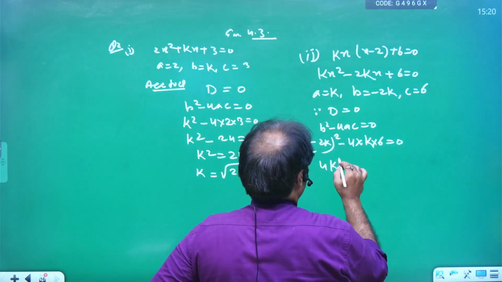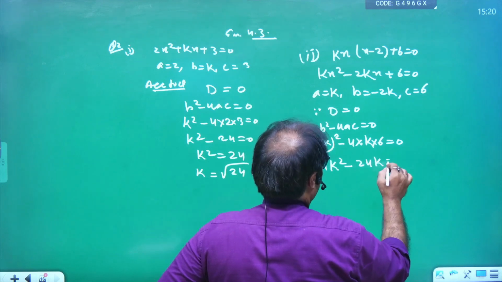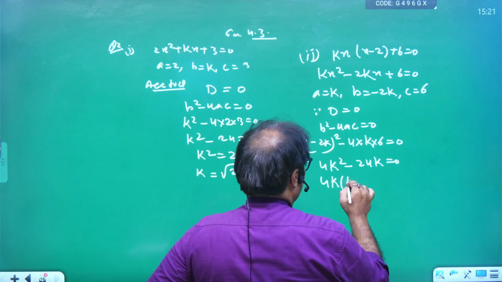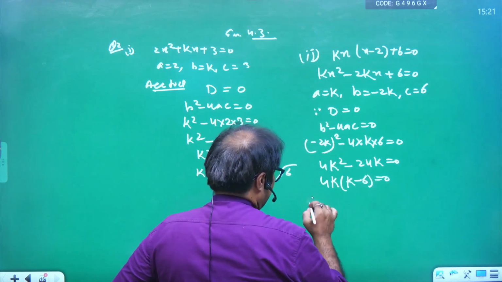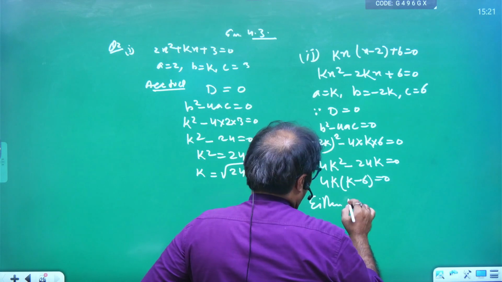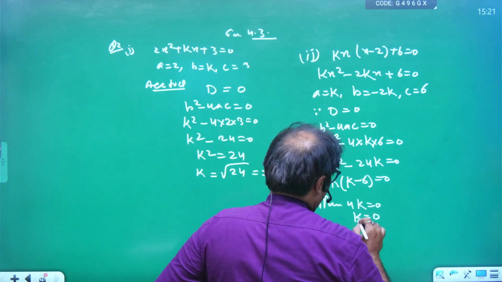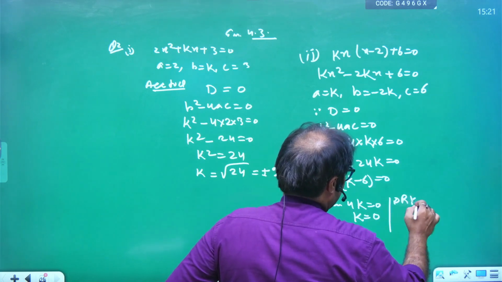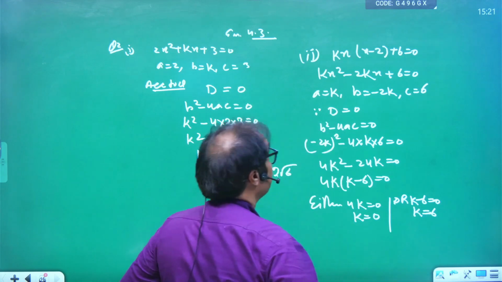So 4k square minus 24k is equal to 0. Now we can take 4k as common. So 4k into k minus 6 is equal to 0. So we got two factors: either 4k is equal to 0, so k is 0, or k minus 6 is equal to 0. So the value of k is 6.